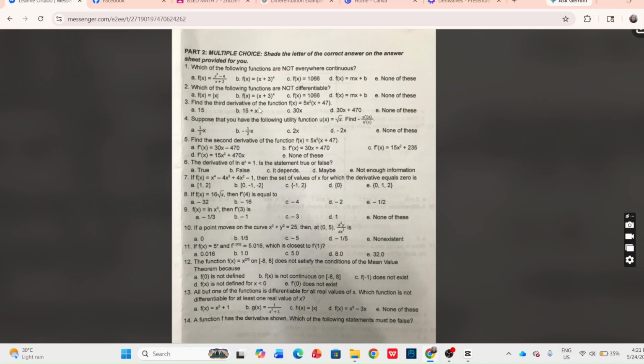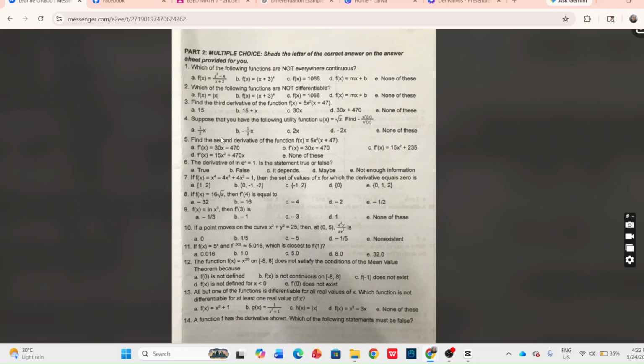Then getting the derivative of each term, we will get the second derivative, that would be 30x plus 470. Then getting the derivative of this again, it gives us 30. Looking upon the choices, we do not see 30 there. Therefore, our answer for number 3 is letter E, none of the choices.